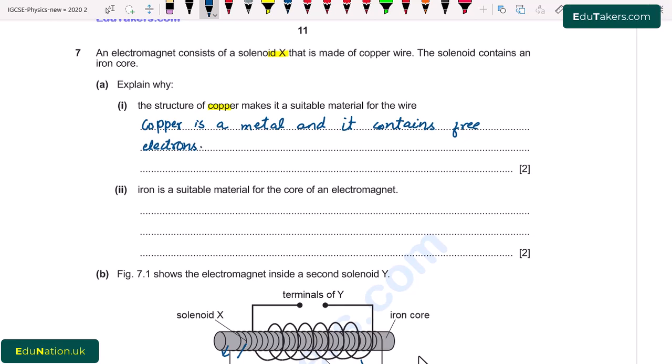That's why it is a good electrical conductor.